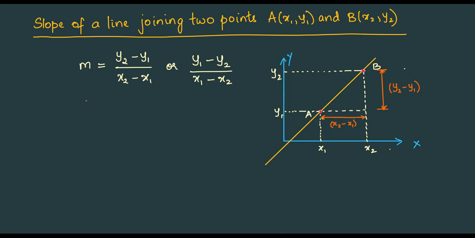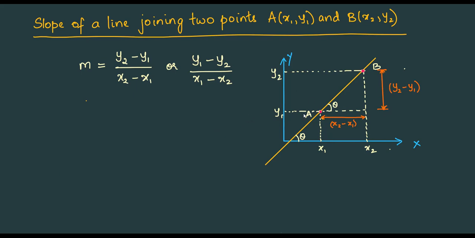Okay. Now let's look at this, the inclination of the line. Now this line is parallel to this line. So these two are corresponding angles. So this will also be the inclination, theta.